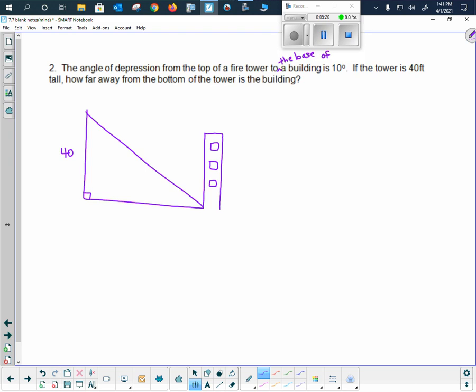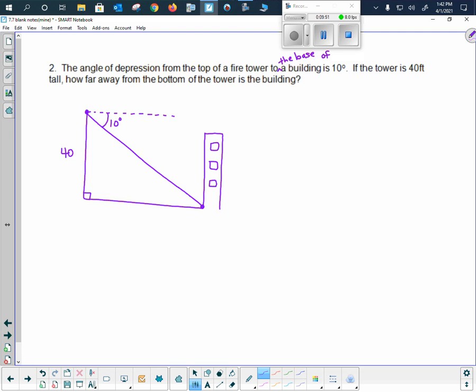And it's saying that the angle of depression from the top of the fire tower, which is right here, to the base of this building, which is right here. Okay, so angle of depression means I need to put a horizontal line, and I know that it's going down to what it's pointing to. That angle of depression is 10 degrees.